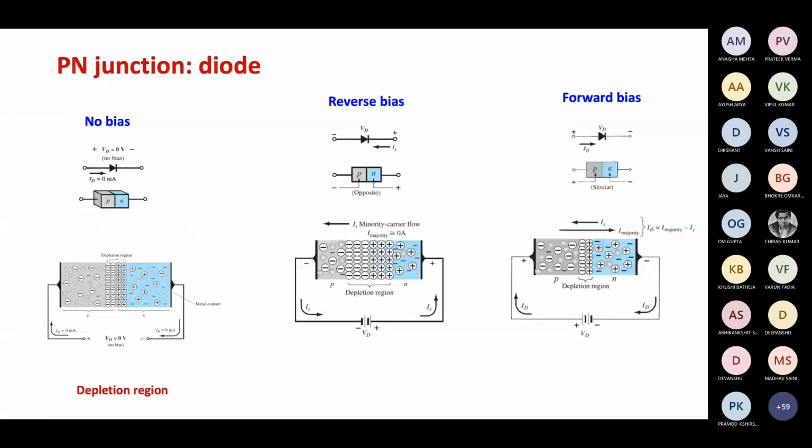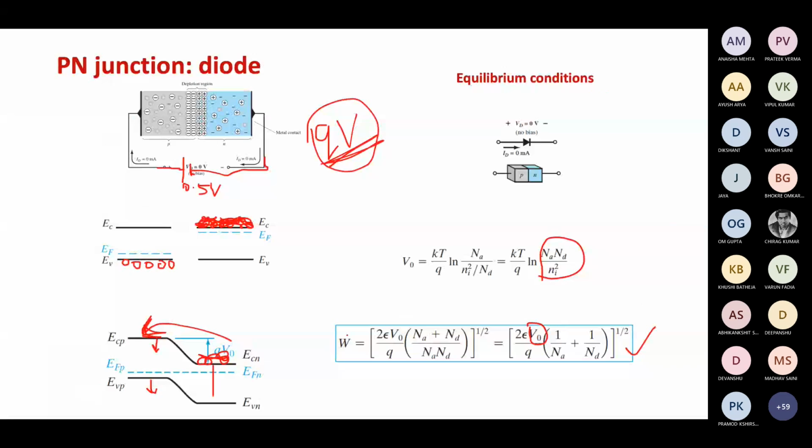There is an interesting thing that might happen actually. We are applying reverse bias here, which means that we are pulling this down or up here. What happens if we apply a very large value, a very high value of reverse bias?